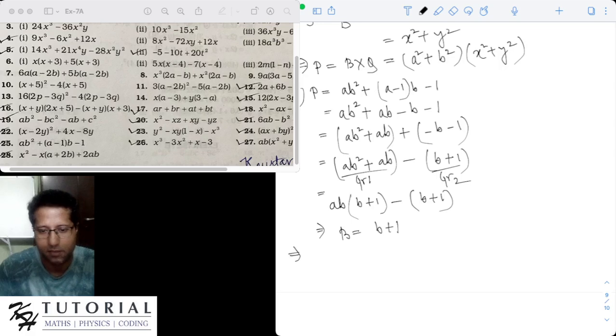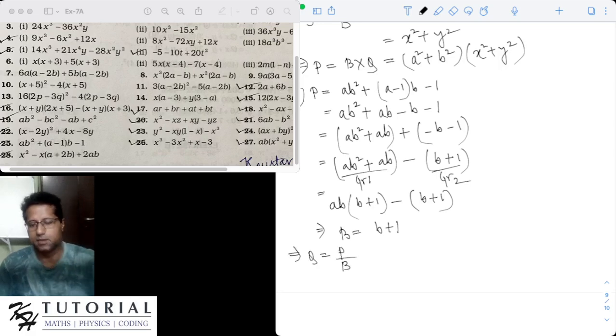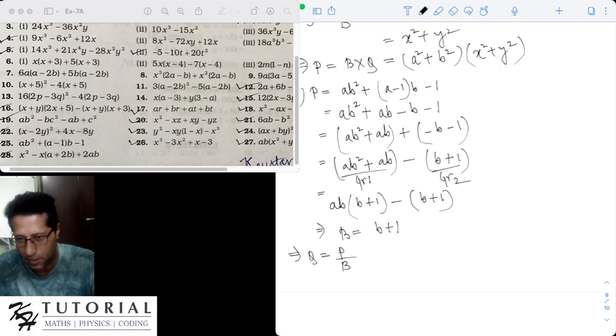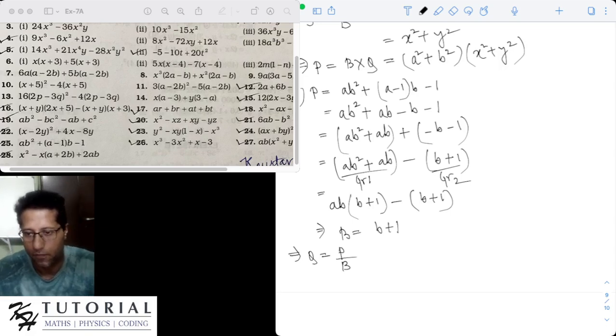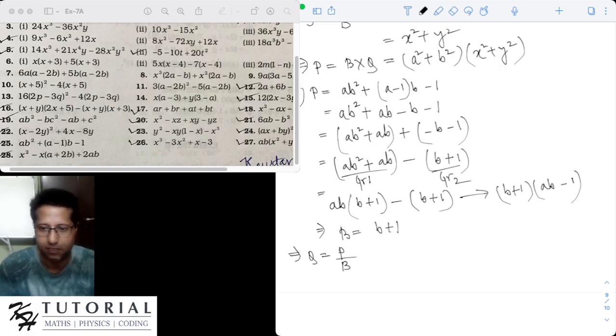So this implies q will be equal to p by b. Now finding q equals p by b is not a necessary step. I am doing this just for the sake of explanation. From here you should be directly able to factorize it as b plus 1 multiplied by ab minus 1. Just for the sake of discussion, I am doing the calculation of q.